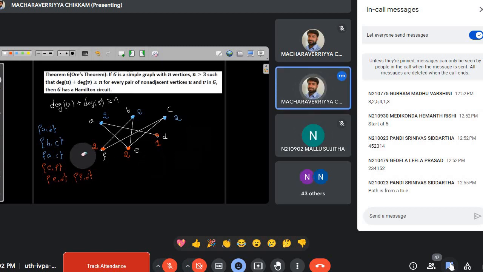For example, if I connect C to D, let's assume. Okay, so let me connect C to D. Now I hope we can find a Hamilton circuit. What is that Hamilton circuit? Having an extra edge between these two. Can you tell me a Hamilton circuit here?